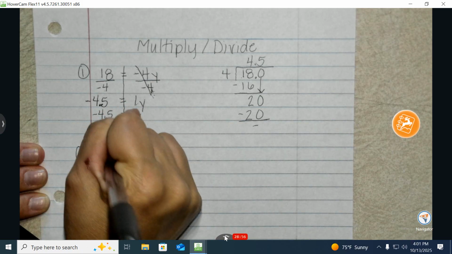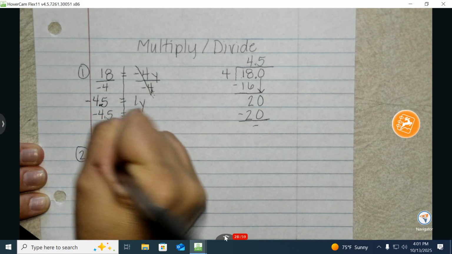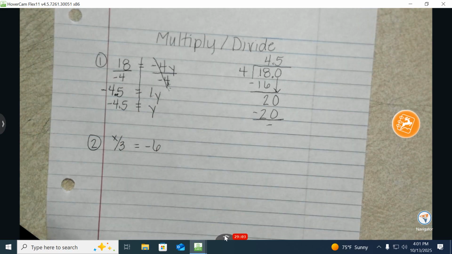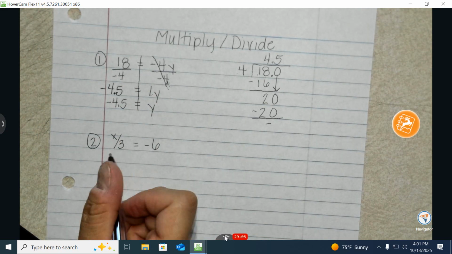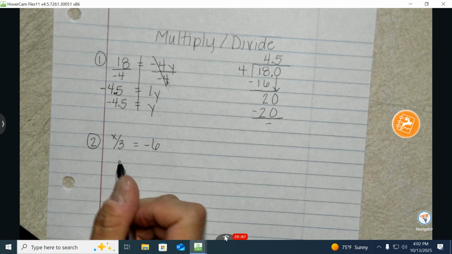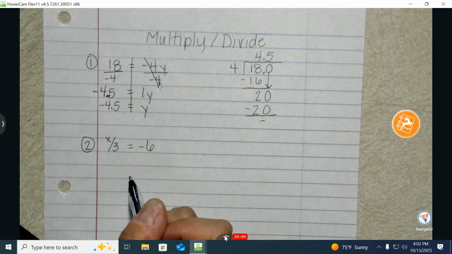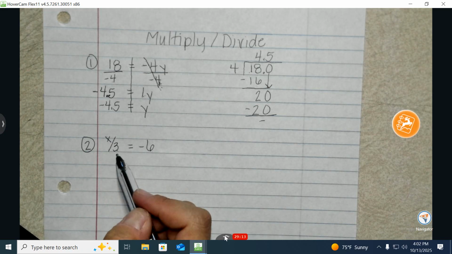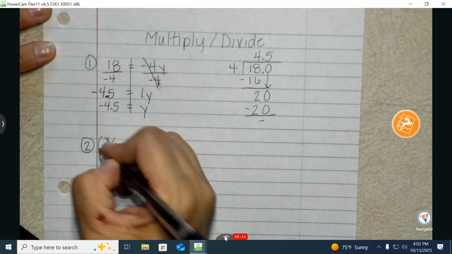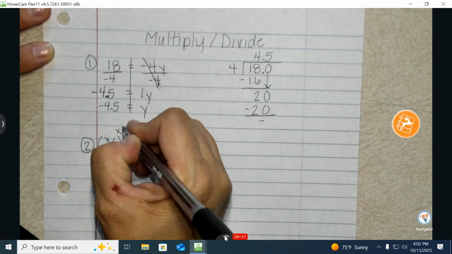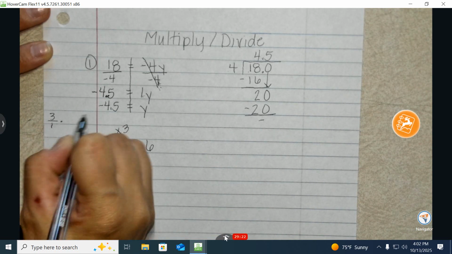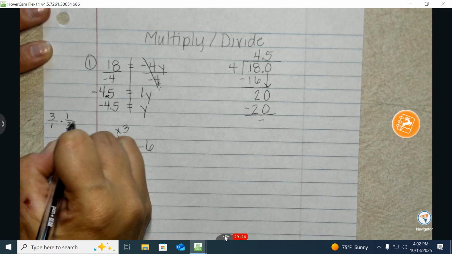x over 3 equals negative 6. Okay, x over 3. A fraction is division. So instead of dividing by 3, the inverse is to multiply by 3. So that would be like saying 3 over 1 times 1 over 3.